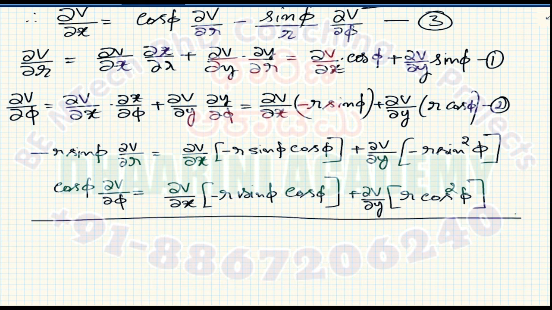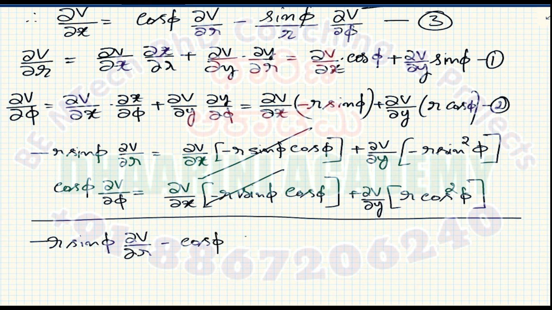Now, in order to cancel the first term, I need to subtract them. So when you do so, this is minus r sine phi ∂v/∂r minus cos phi ∂v/∂phi should be equal to, I have r into ∂v/∂y common.